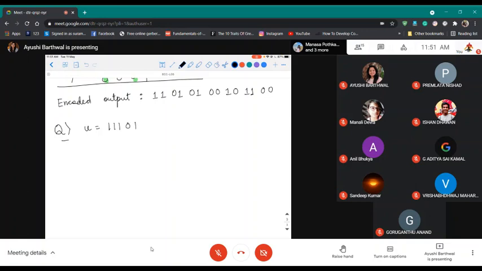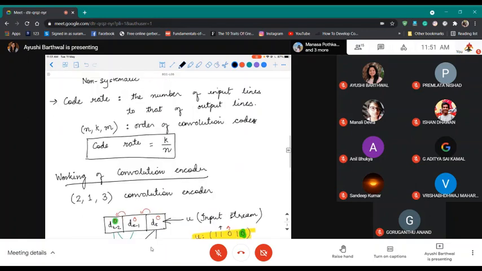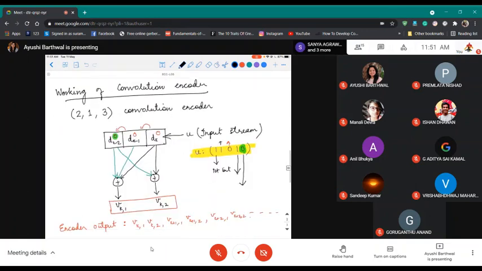Triple 101. So this is your convolution encoder. You have to determine the encoder output for the input data stream, which is 11101.